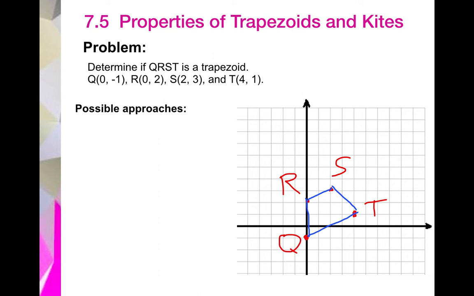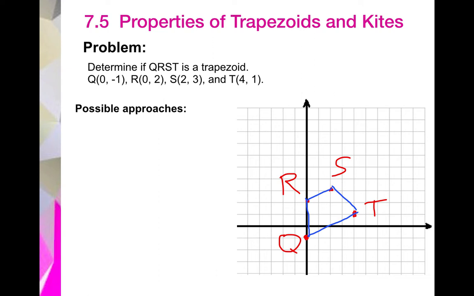We want to show that this is a trapezoid. Well, looking at it, right away we can see that RS and QT might be parallel to each other. And the way that we can tell is that we can use the slopes of RS and QT. So that's one way that we could test if this is a trapezoid.